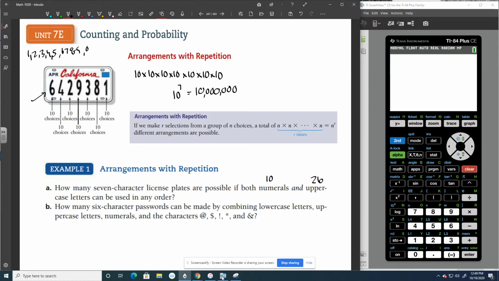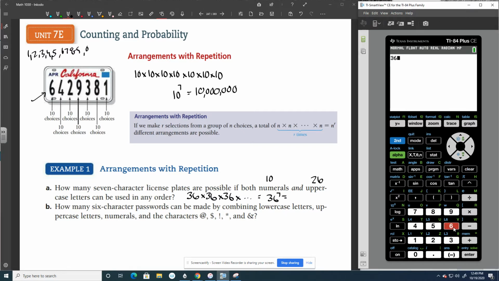So instead of just choosing out of 10 numbers, now we're choosing out of 10 numbers or 26 capital letters. So that gives us a total of 36 choices for the first digit. And then I can have 36 choices for the second and 36 for the third, because it doesn't matter if I repeat.